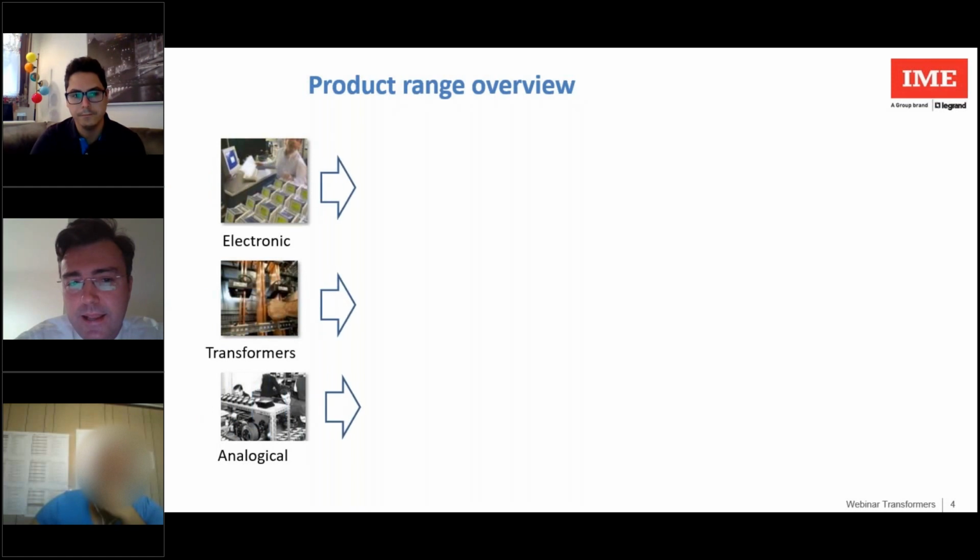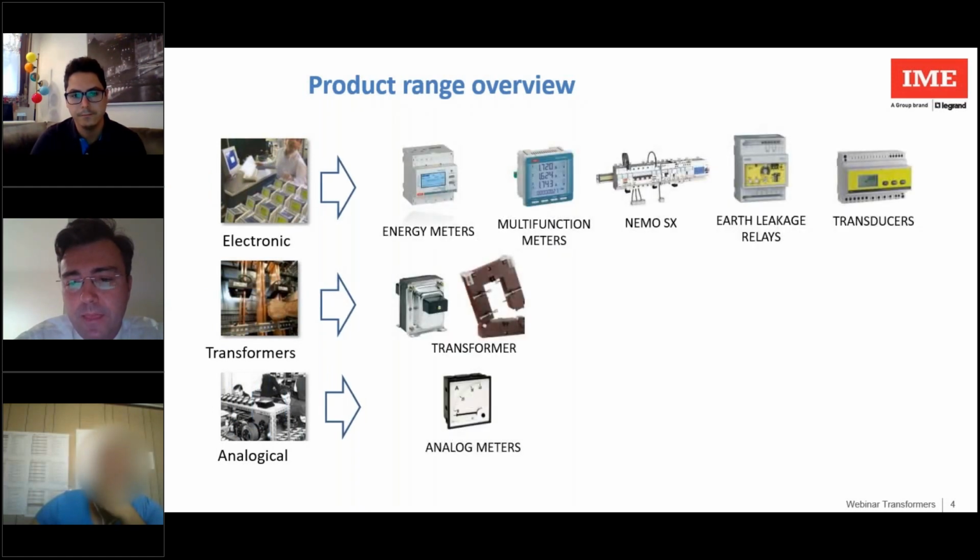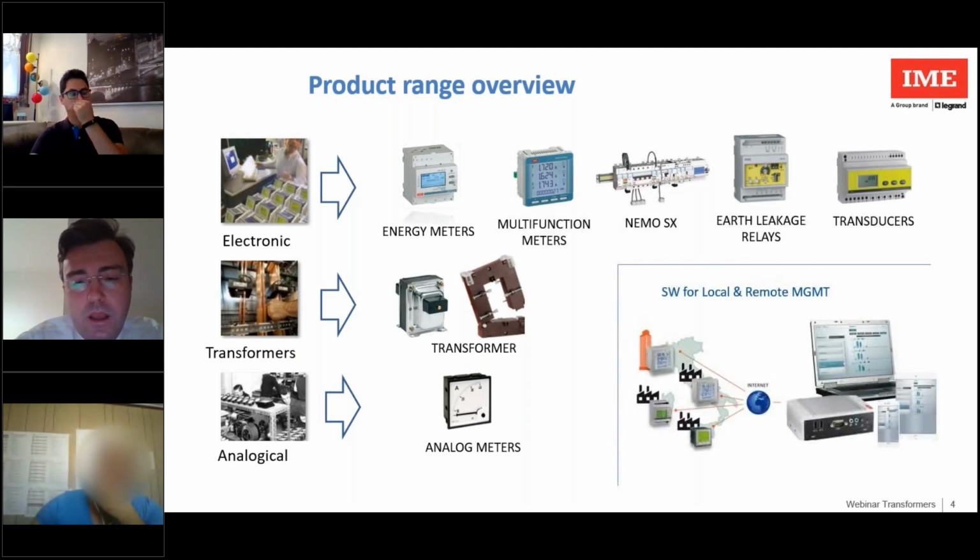Okay, let's recap a little bit the journey, because this is the 6th webinar. Then we will have another one in 1 week on earth leakage relay. So let's see what the steps of this journey were. We started with energy meters, in particular the new range of energy meters that we launched a few weeks ago.